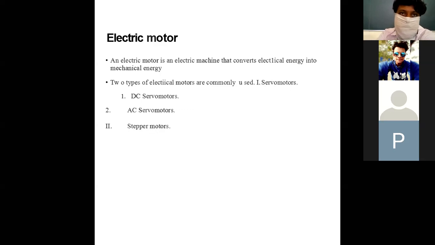Like if we want only a 90-degree revolution, then we are able to get that in a stepper motor. You might have seen these types of motors used in robots or robotic arms. The robot can move its arm in a particular direction and by a particular angle only. Beyond that it does not move. So in that case we use this type of stepper motor.